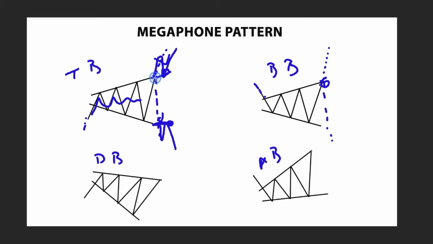Now, if it does happen to break down, you could even enter over here, and how you want to play that is based on your resistance line there, and you've also got another resistance line over there. You could either enter over here or enter over here and follow the trend line all the way down.